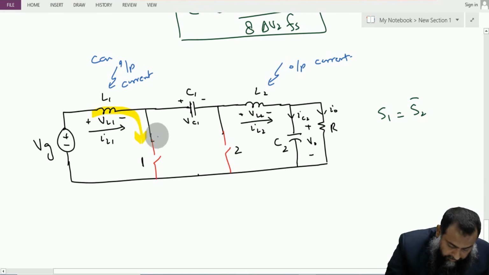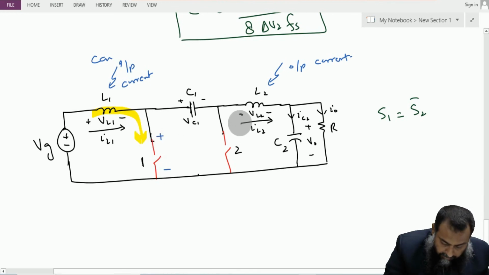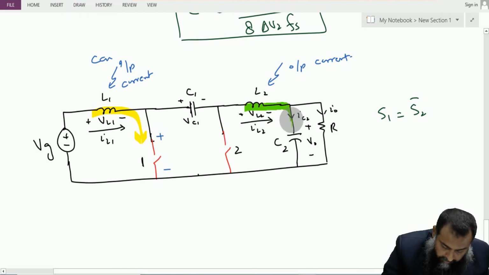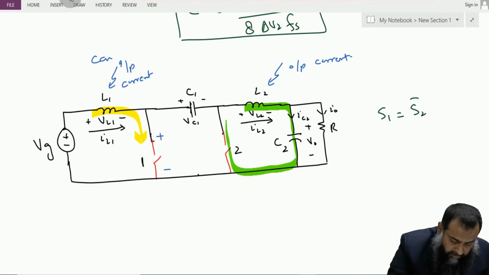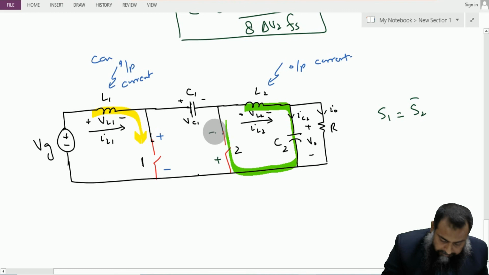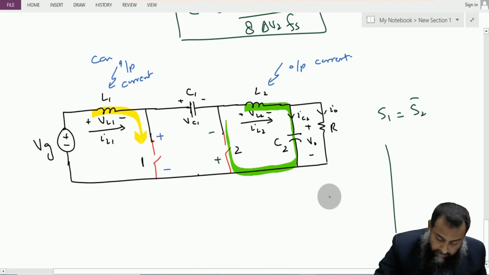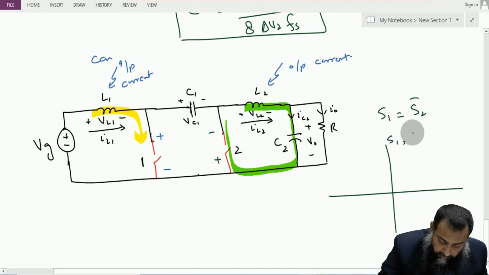So this is plus, this is minus, and for this switch S2, this inductor current shall have a path in this fashion. So this side is positive and this is negative. So again, for both the switches S1 and S2, we have a positive flow of current.